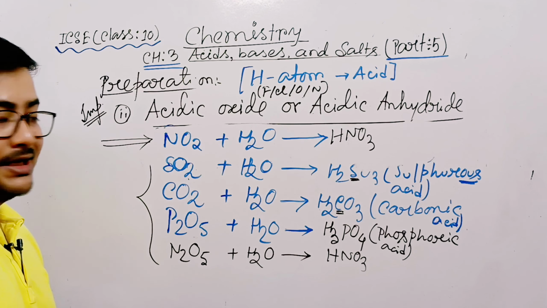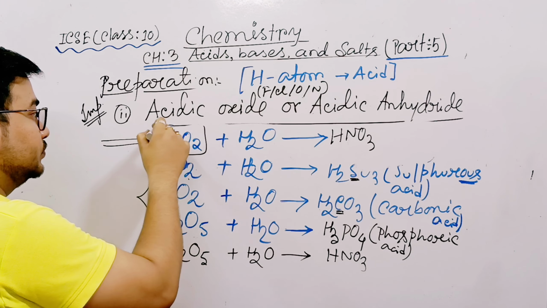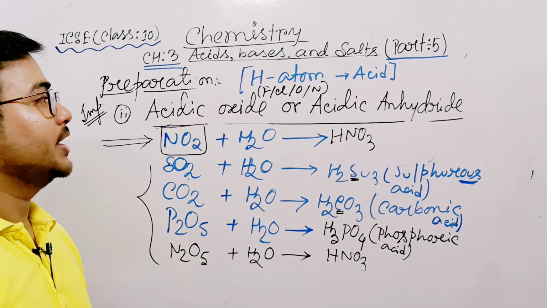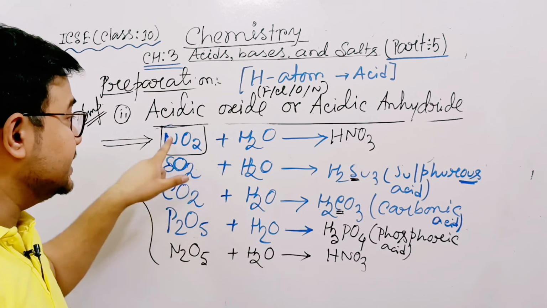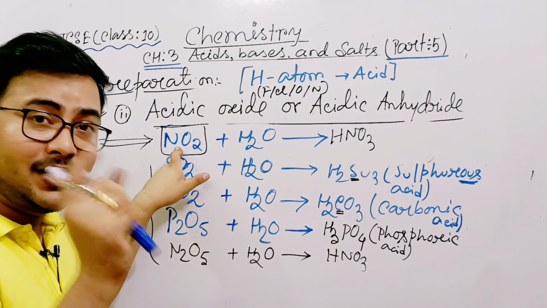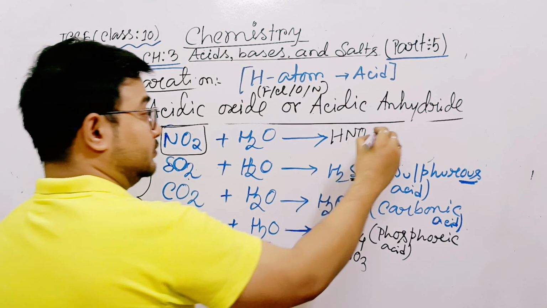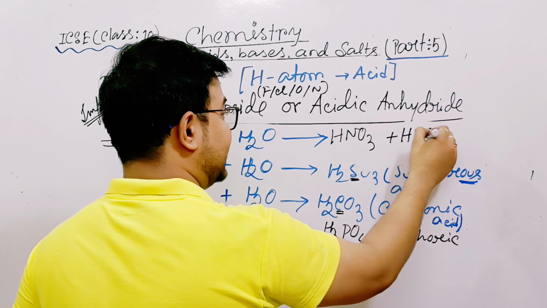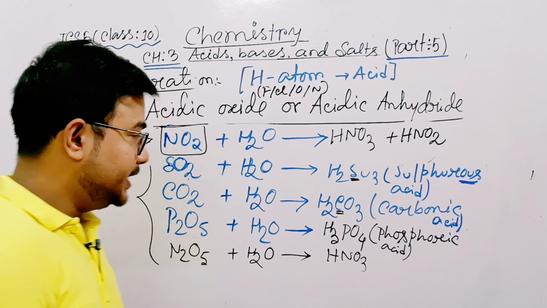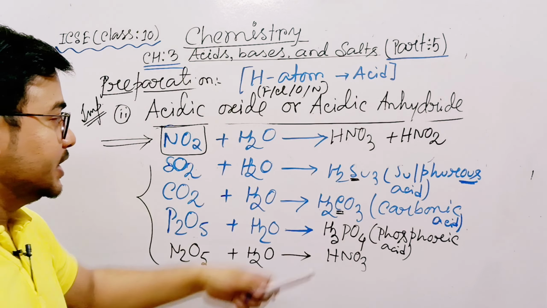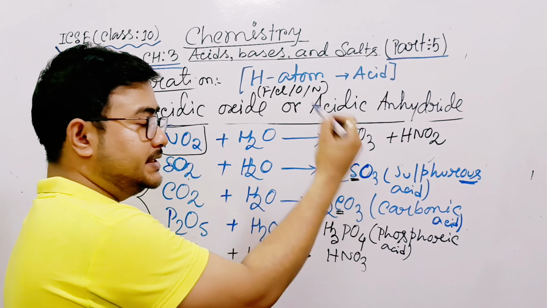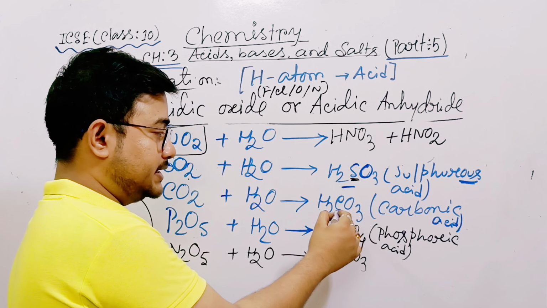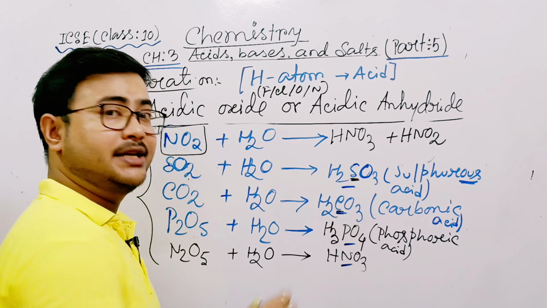Keeping in your mind, this NO2 is an acidic oxide or anhydride, but this NO2 has the power to produce 2 acids simultaneously. In previous cases, only one acid in each case: sulfuric acid, carbonic acid, phosphoric acid, nitric acid.